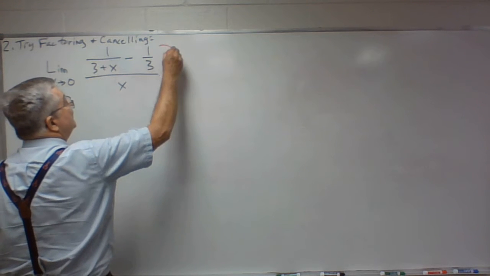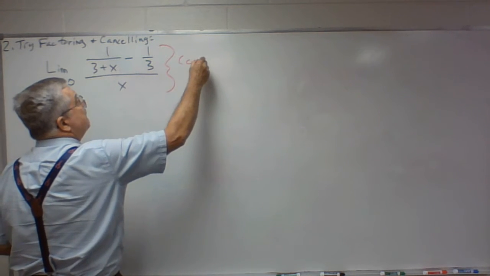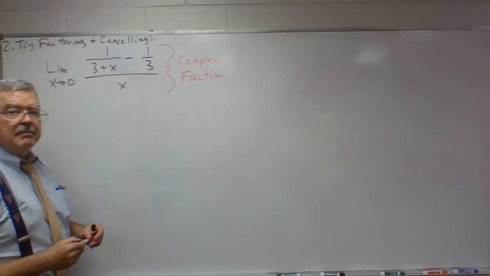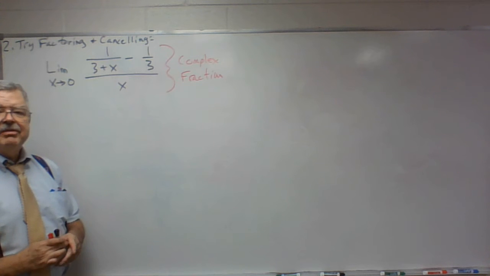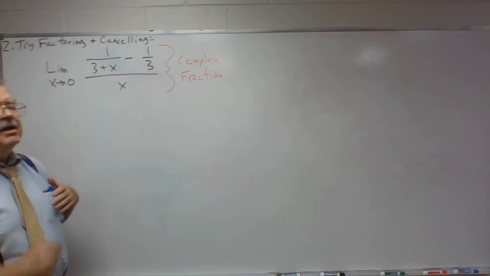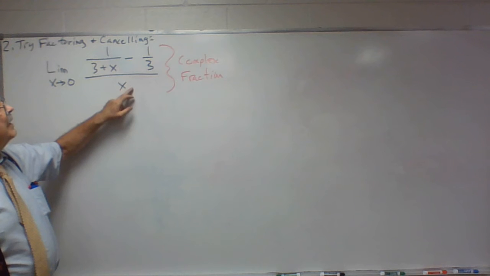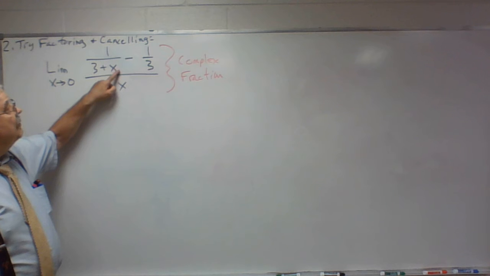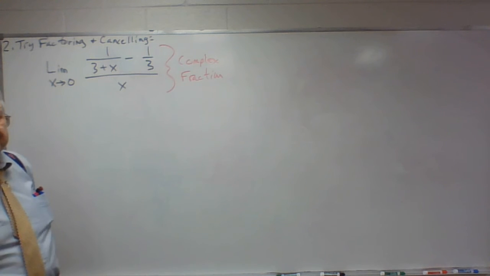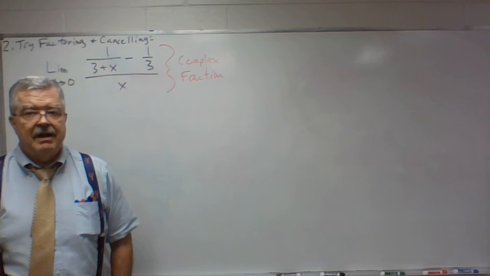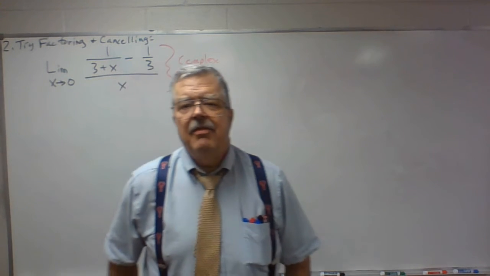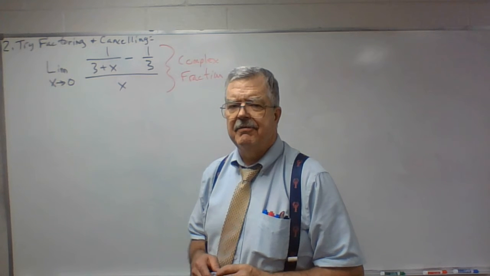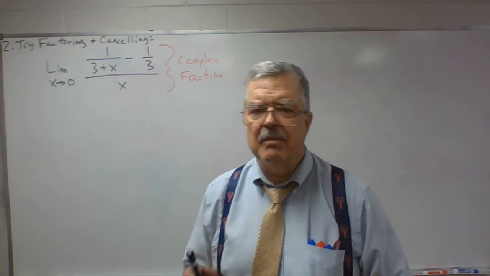This thing that we're looking at here is what we call a complex fraction. A complex fraction is a fraction whose numerator or denominator itself contains expressions that are fractions. And here the numerator contains 2 fractions, so we call this thing a complex fraction. And there's a way of simplifying this that we might not be aware of. So I'm going to tell you about it right now.